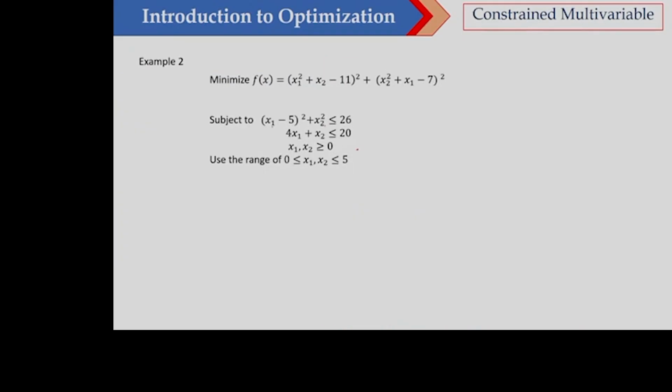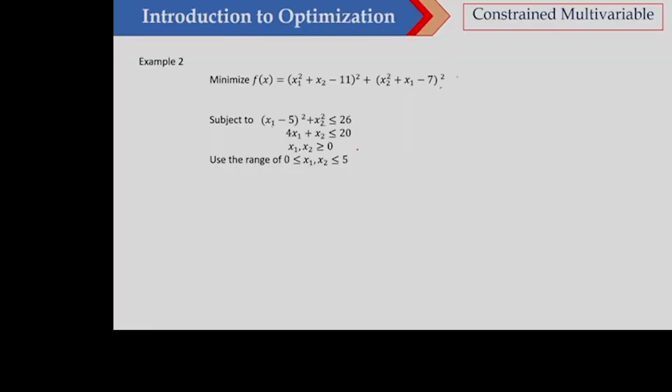So, let us see another problem with constraints. In that case we have inequality constraints. The earlier problem had equality constraints, but here we have inequality constraints. So, let us see this problem. Here this is the objective function: x1 square plus x2 minus 11 whole square, plus x2 square plus x1 minus 7 whole square.